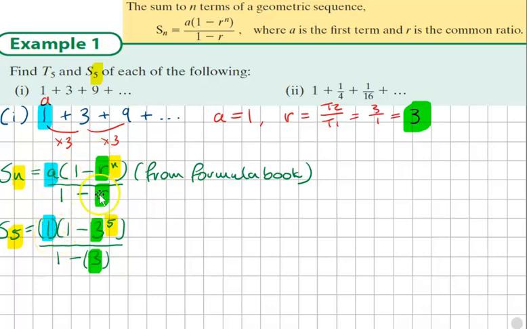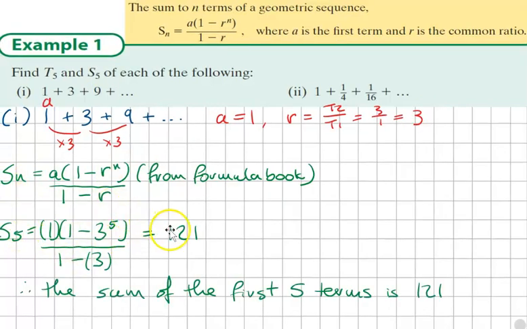We swap both of the r's for 3, and the n is now 5. So we've 1 multiplied by 1 minus 3 to the power of 5, divided by 1 minus 3, which gives 121. So the sum of the first 5 terms is 121. Just be careful inputting into the calculator, because it is a little bit messy and there's a fraction.